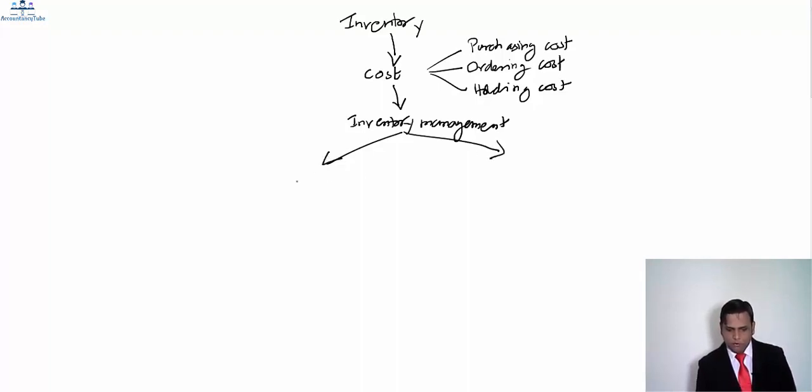Not exactly ways, but two steps through which we manage inventory. First, we have got inventory levels. Then we have got EOQ, or economic order quantity.